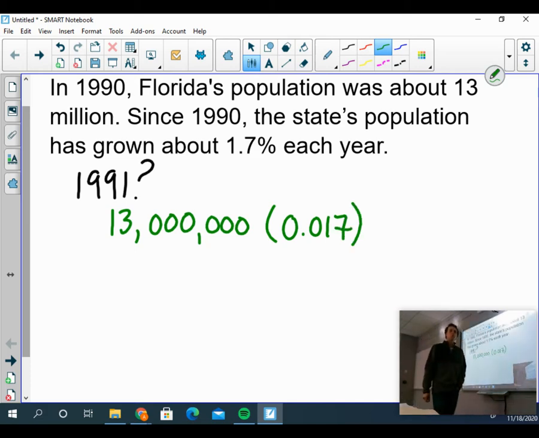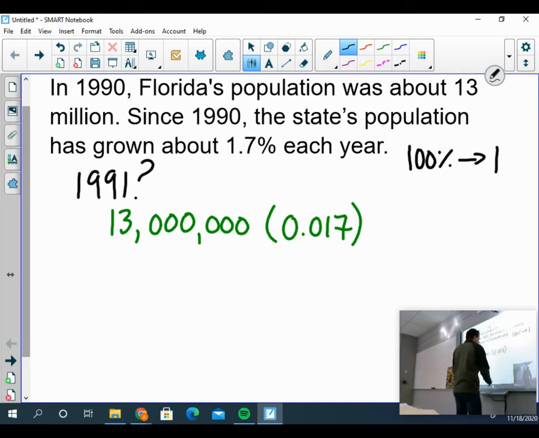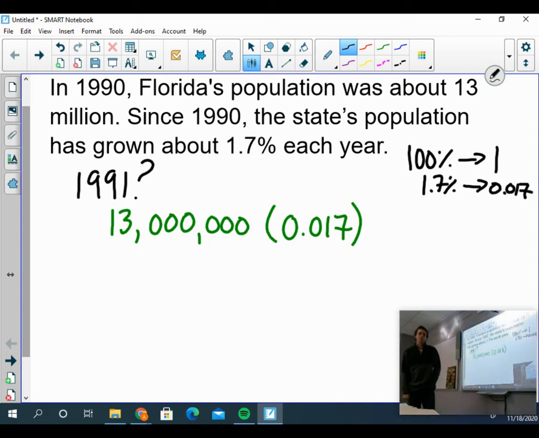If you multiplied by 1.7, pause the video, erase the 1.7 and put 0.017. Why? Because the decimal point moves two places when we go to percentages. Think about it like this: 100% is the same thing as 1, which means 1.7% is going to be the same thing as 0.017. Okay, 25% is 0.25. You get the idea.